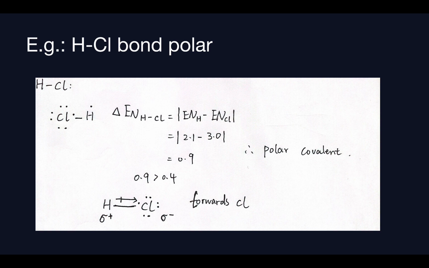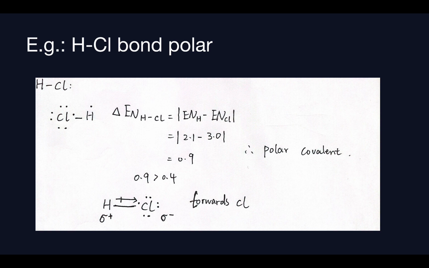So how do we show other people that it's a polar compound? By simply drawing the diagram below, at the very bottom part, where the arrow should point to the element which has the higher electronegativity, and obviously it's chlorine in this case.